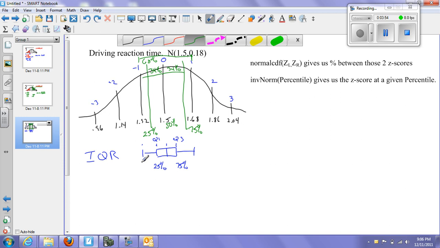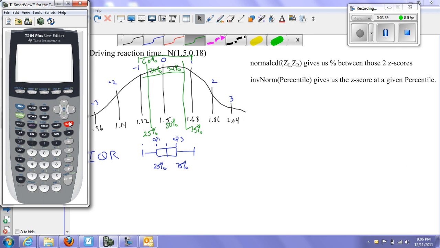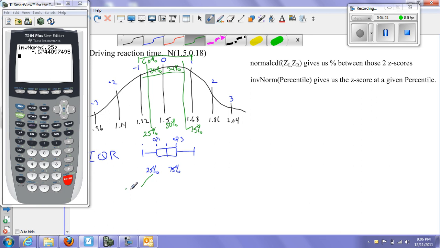So let's look at the calculator. Inverse normal is number 3, for 0.25, my Q1 value. It gives me my z-score, negative 0.674.